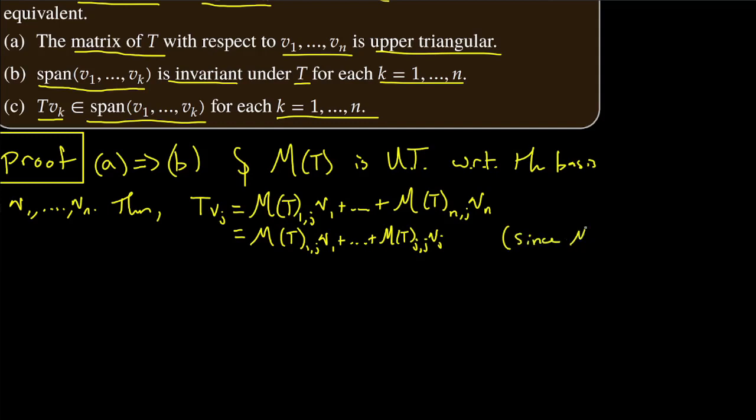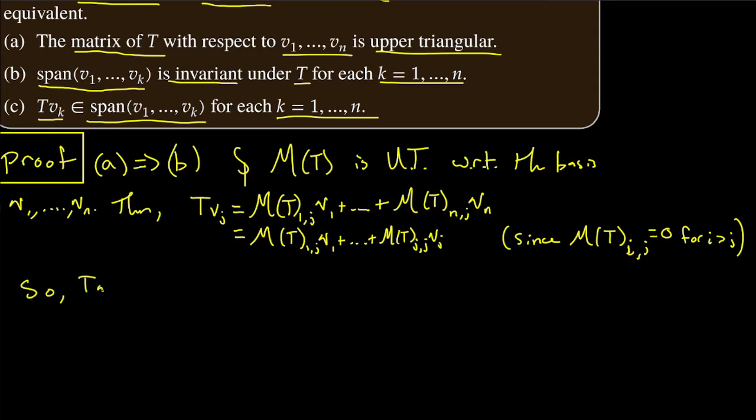Since M(T)_{i,j} is equal to 0 for i greater than j, this is from upper triangularity.